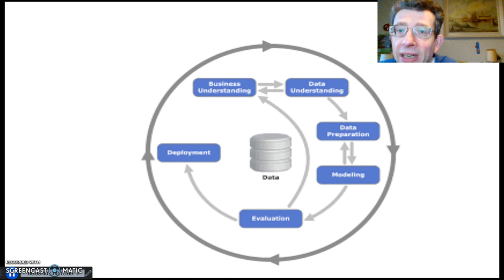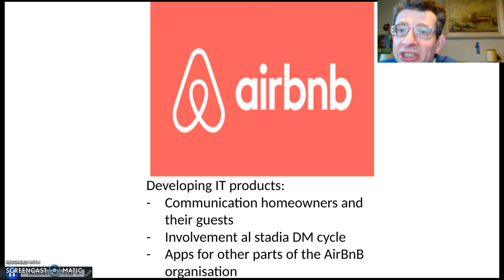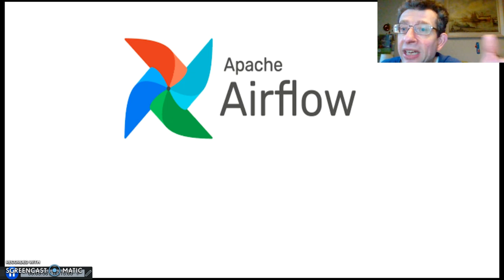However, Airbnb has embraced data science so much that data scientists cannot be everywhere in the organization. For that reason, data scientists at Airbnb have developed apps for other parts of the organization, such as an app called Airflow. It has now spun off to Apache.